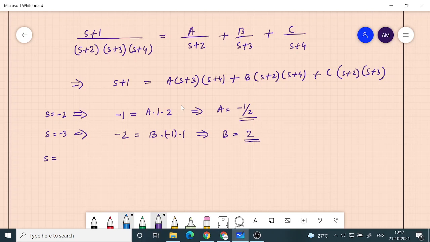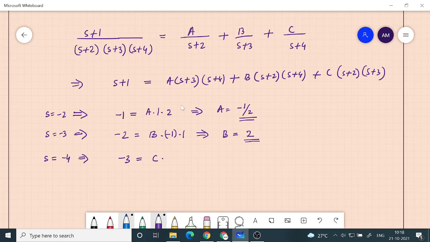Then let's put s is equal to minus 4. So LHS is going to become minus 4 plus 1, that is minus 3, and the only term that is going to survive is the term that doesn't contain s plus 4, which is the last term.